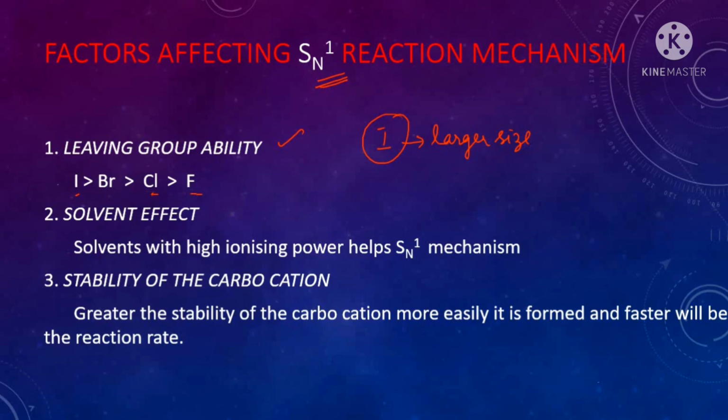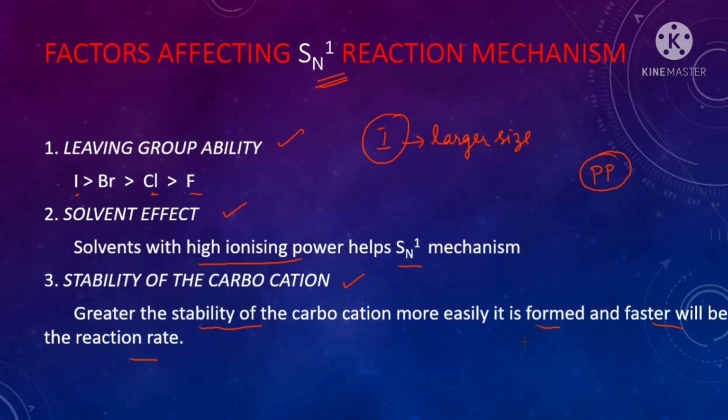So the next point is solvent effect. Normally solvents with high ionizing power help the SN1 mechanism. Okay, that's why we are making use of polar protic solvents. Next comes the stability of the carbocation. So greater the stability of the carbocation, more easily it is formed and faster will be the reaction rate. So if the carbocation is formed very easily, then the reaction will take place very fast.